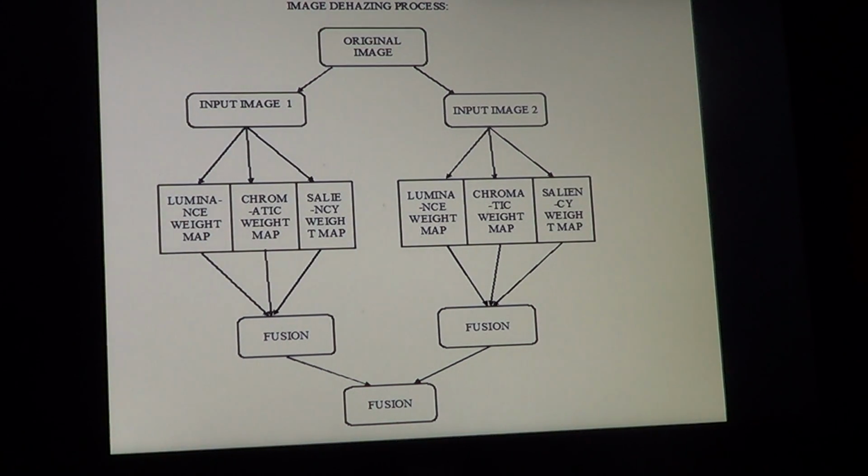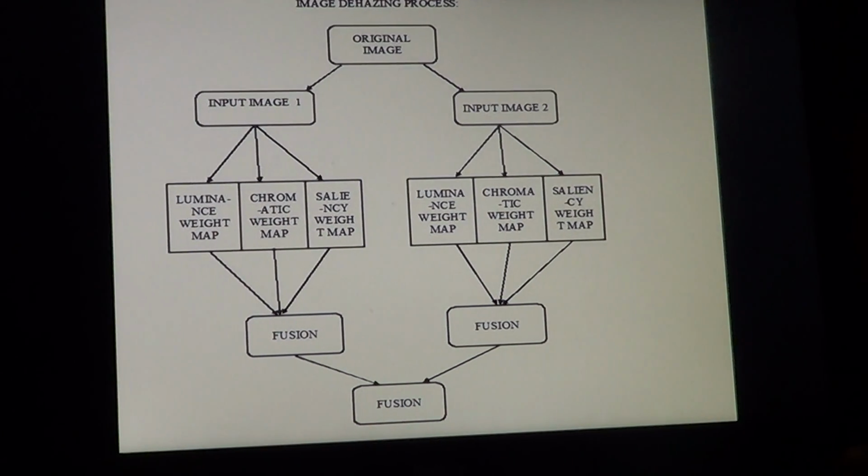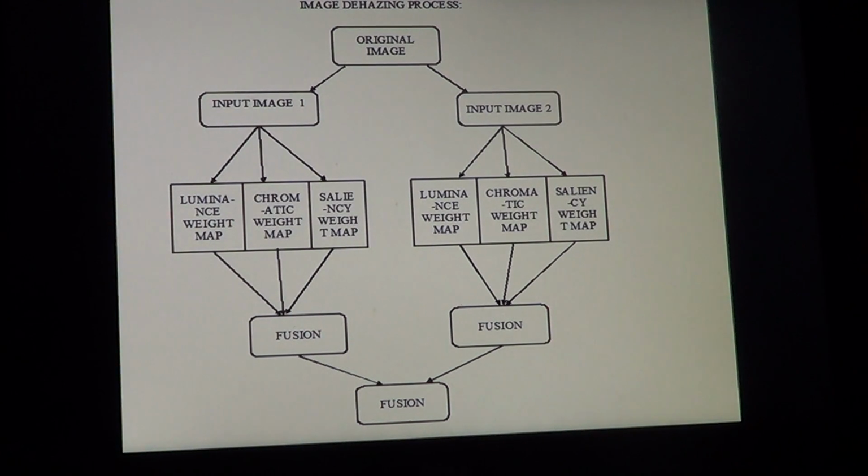So this is the original existing image dehazing process. First, the original hazy image and the noise image is taken and further it is obtained as two input images in the following processes, that is by white balancing and the contrast enhancement.